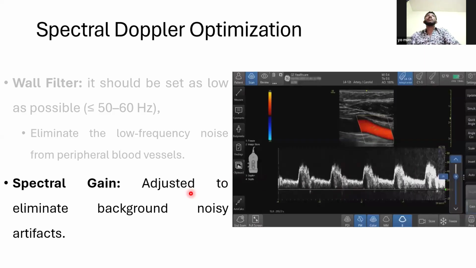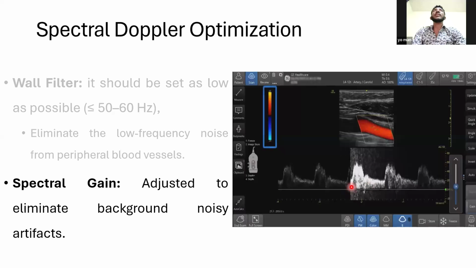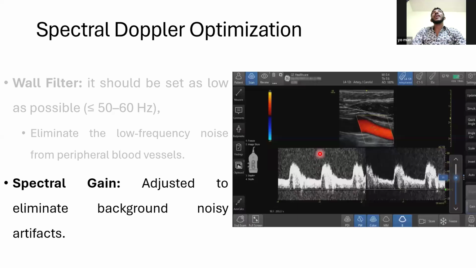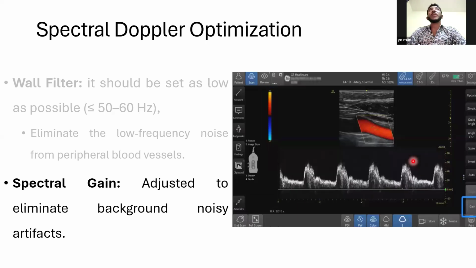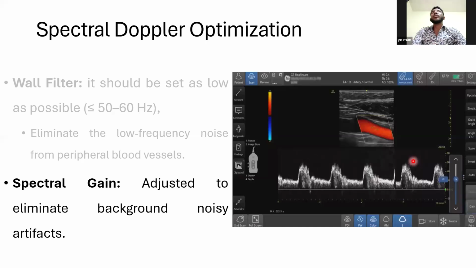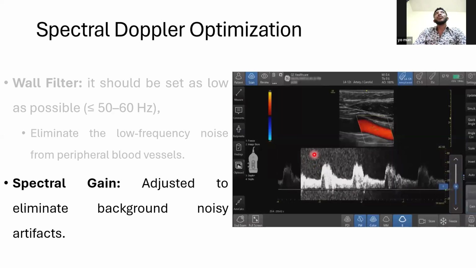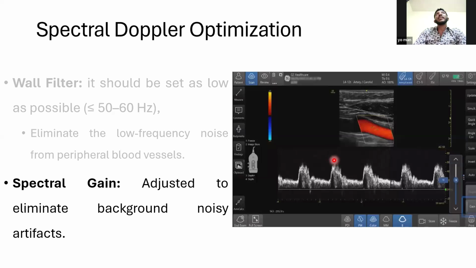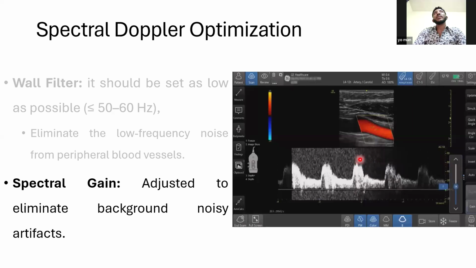So let's see what spectral gain will do. Here is the high grainy waveform, and it follows with the less grainy waveform. So this is a high gain, and the below is a low gain. The clinical advantage of spectral gain is when you want to record a peak systolic velocity: you should first increase the spectral gain until speckles appear, then decrease until you get the maximum peak systolic velocity.